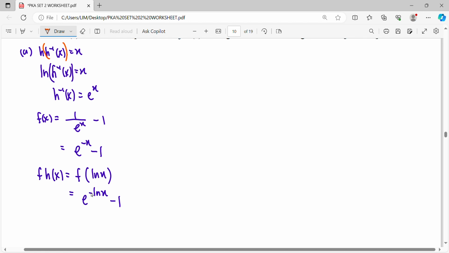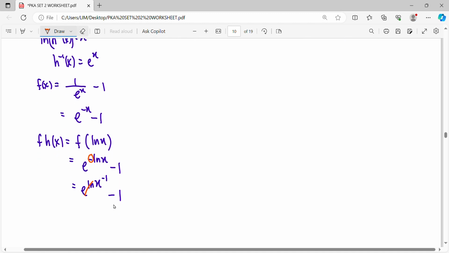So we need to move this negative using properties of logarithm, so it will become x to the power of negative 1. Then only the e and ln can be cancelled. In this case, the remaining part is x to the power of negative 1, which is 1 over x, minus 1.